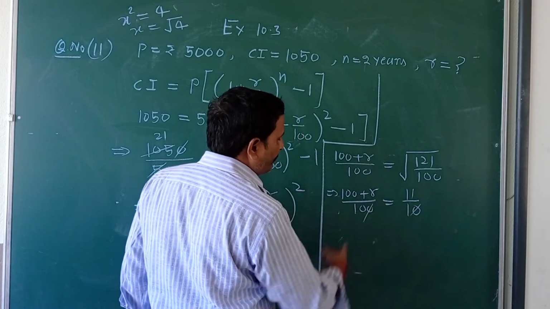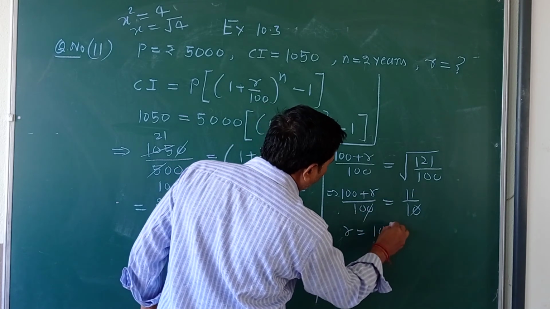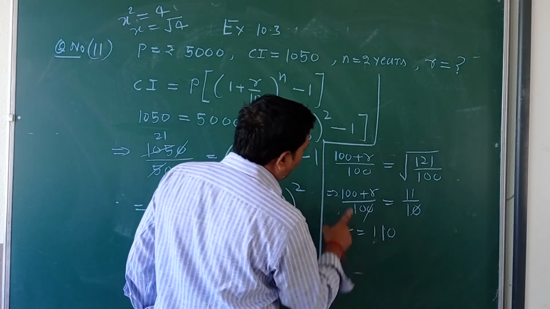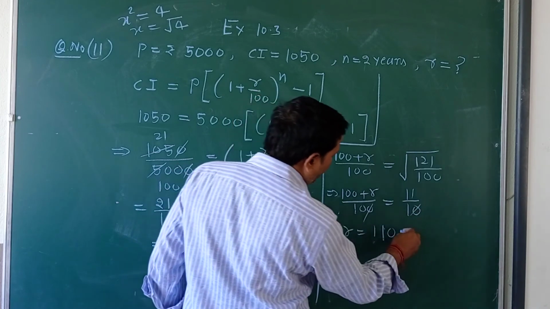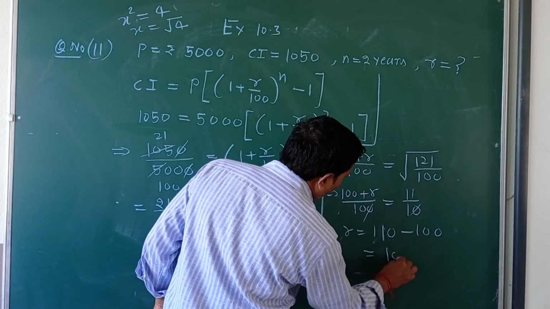The 0s cancel. Cross multiply: 100 plus R is equal to 110. Moving 100 to this side, what is coming? 10%.